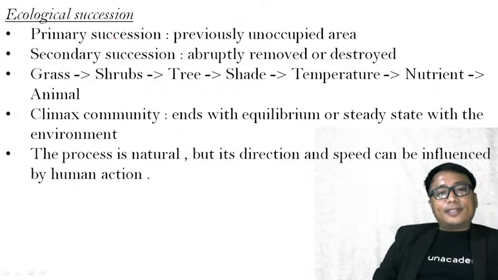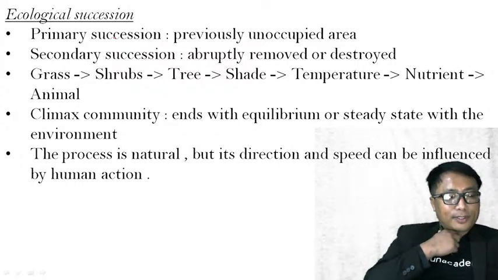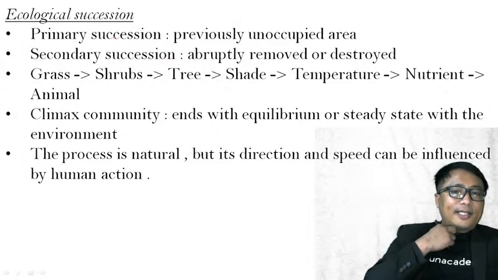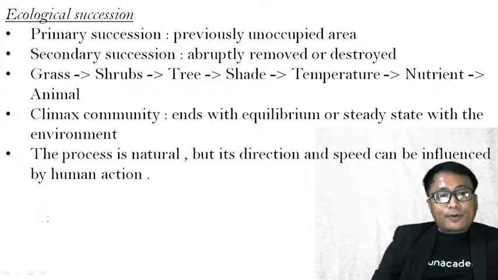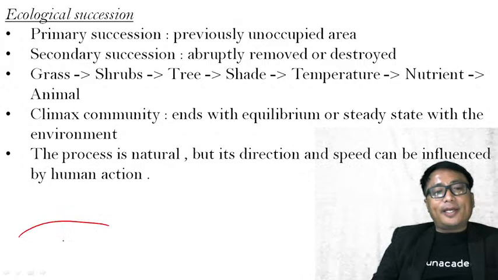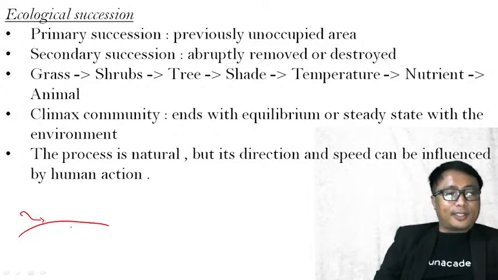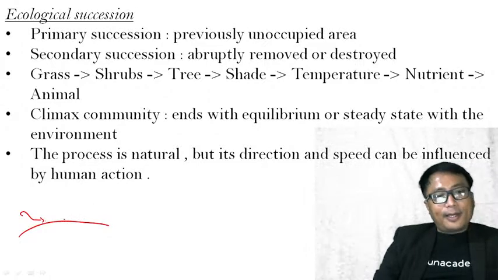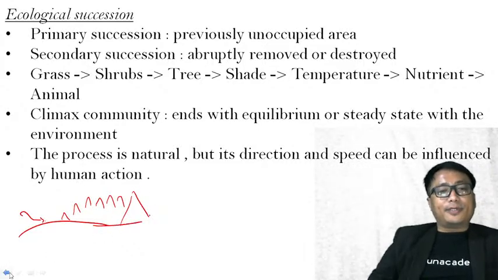The process is very natural, that is the succession. From the pioneering species up to the climax stage, it is quite a natural process. But its direction and speed can be influenced by human action. In a very barren area, if one particular species comes, yesterday I mentioned how it modifies the abiotic condition, that is the soil and the climatic condition. Thereby a succession of different organisms, of plants and animals, follows, finally giving rise to a climax community.